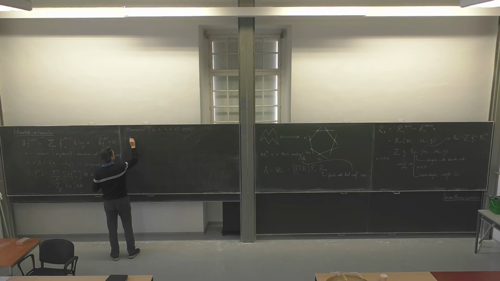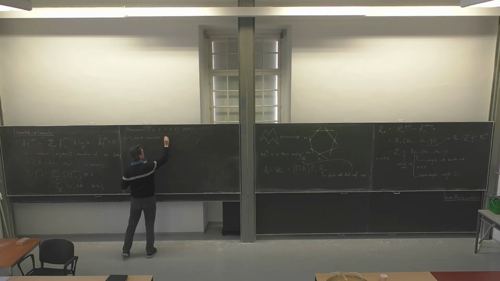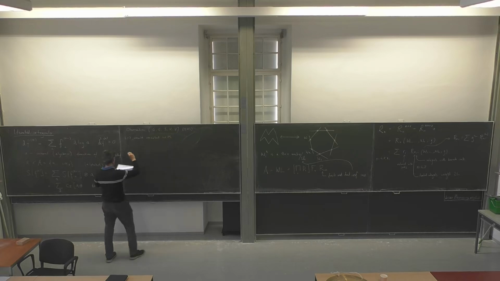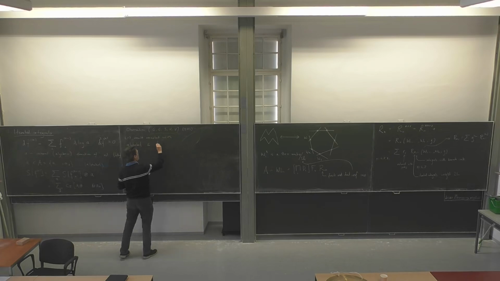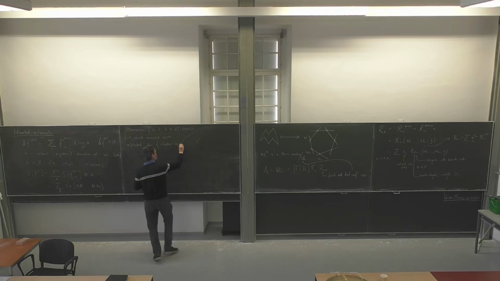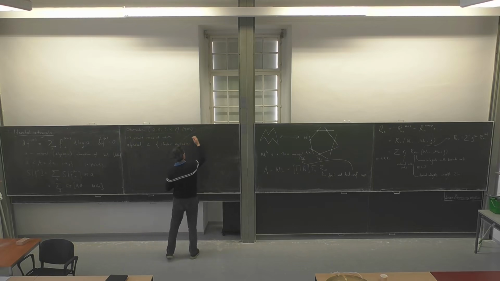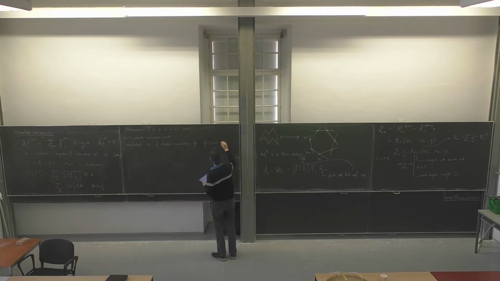L equals 2 results consistent with alphabet contained in the set of cluster variables for Gr(4,n), which is our space, the Gr(4,n) cluster algebra.